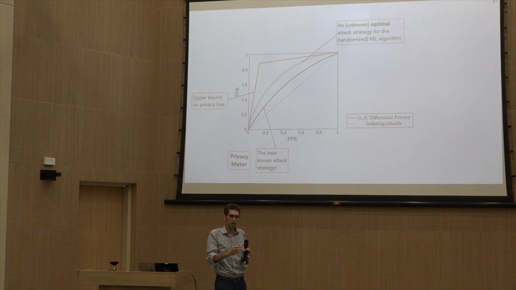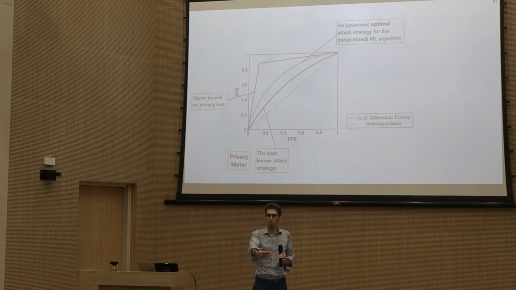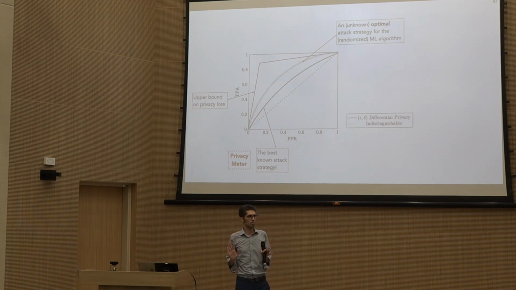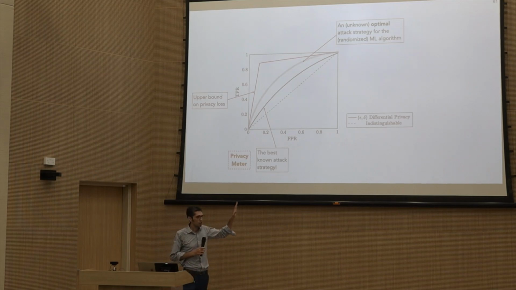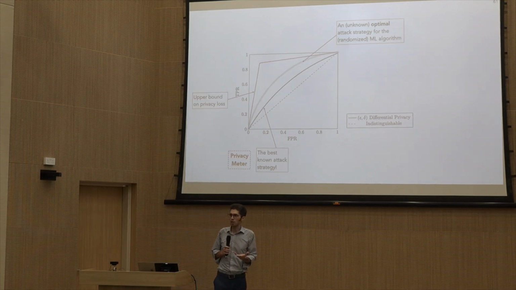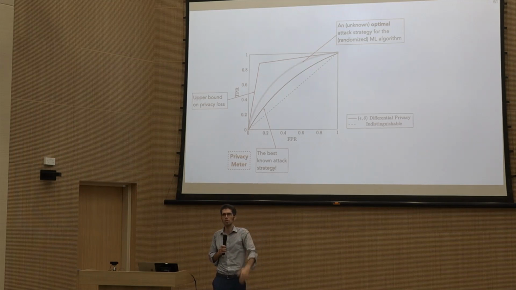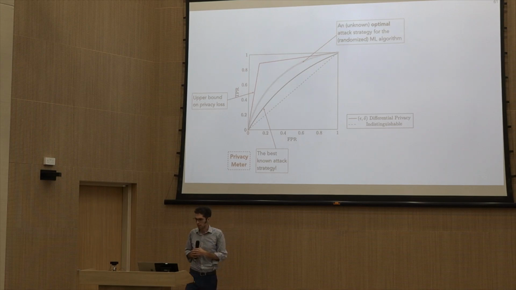If our principle was that what I learn about you when you are added to the data set should not be way different than what I learn about you when you are not there, then this is the definition, this is the kind of metric that we can use. And for that definition, I showed how to evaluate privacy, what a privacy risk profile is, how the attacks can help to approximate that, and how defense algorithms, randomized algorithms, can help to bound that leakage.